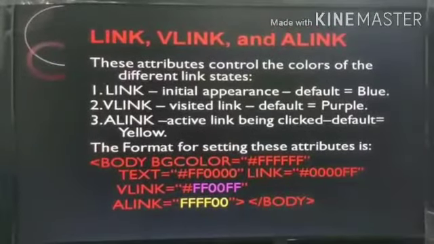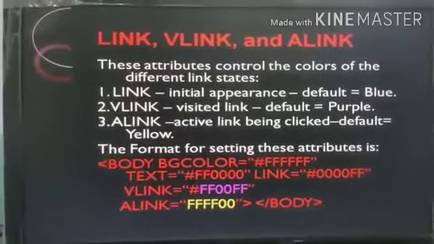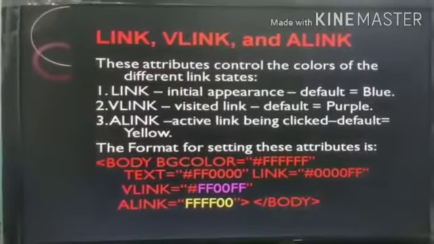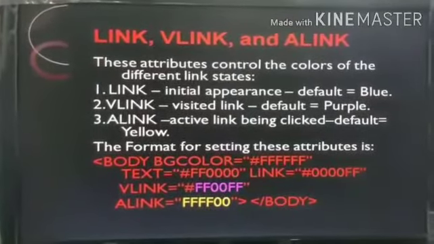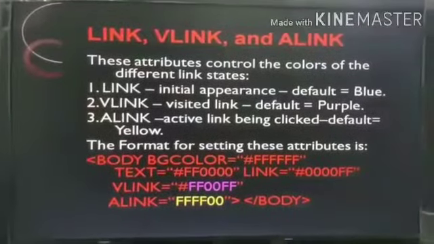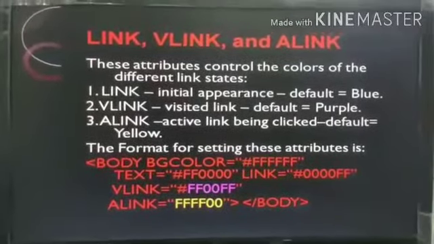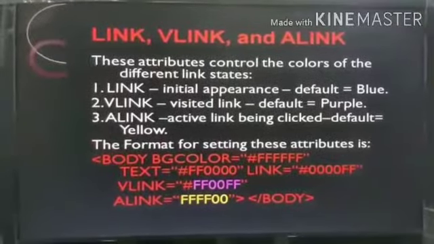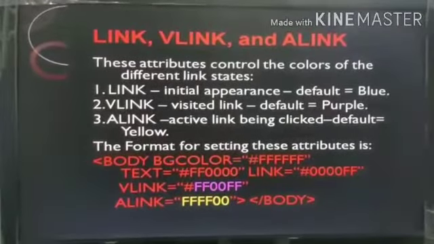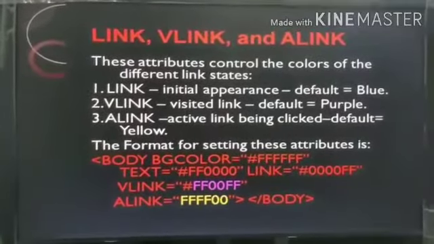V-link, this attribute of body tag is used to provide the visited link color, means whenever we click any link and come back to that page, the color will be changed, so the user can tell that this link is already visited.